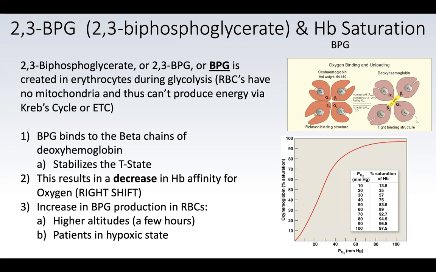There are two scenarios in which we expect to see an increase in BPG production in red blood cells. They are if you are in higher altitude and you're having difficulty adjusting to this higher altitude. Another scenario are patients who are in the hypoxic state, so decreased availability of oxygen.